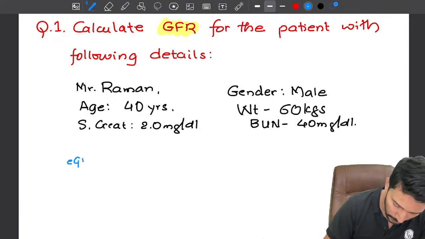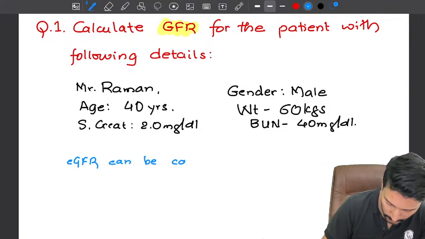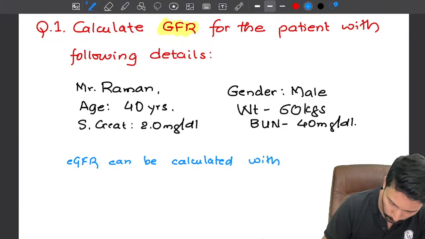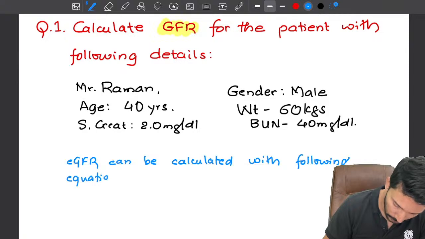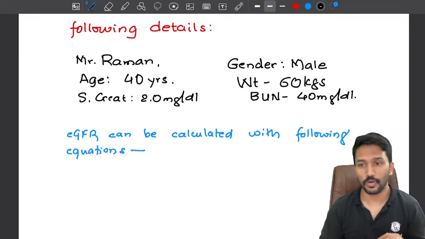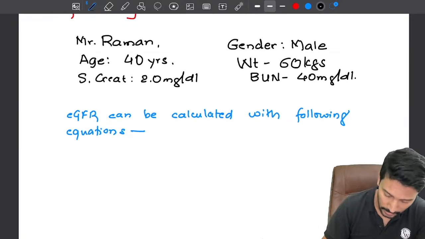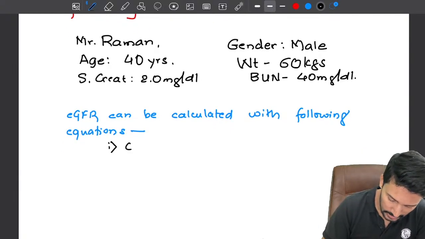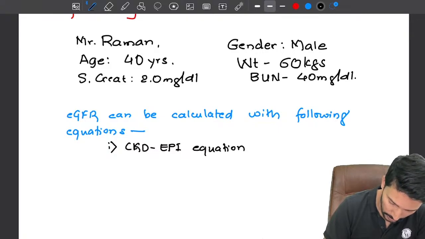So eGFR can be calculated with the following equations. The one that is more consistently and commonly followed in real world practice, which requires a calculator, is your CKD-EPI equation. CKD-EPI equation.